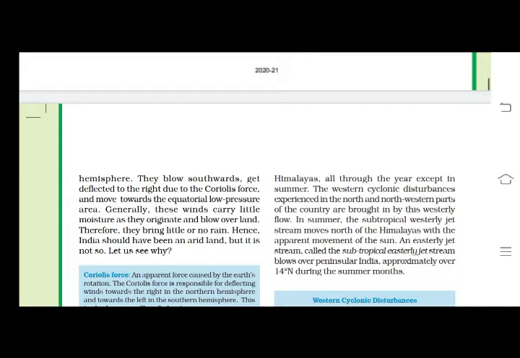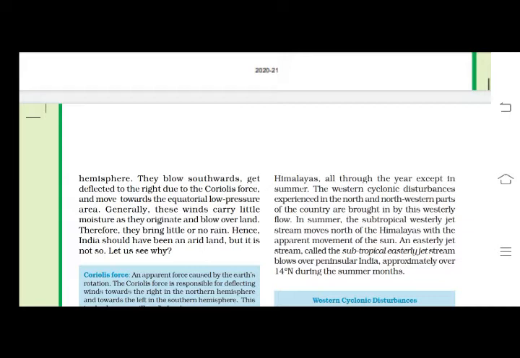They blow southwards and get deflected to the right due to the Coriolis force. Due to that force, these northeasterly winds blowing southward get deflected and move towards the equatorial low pressure area.